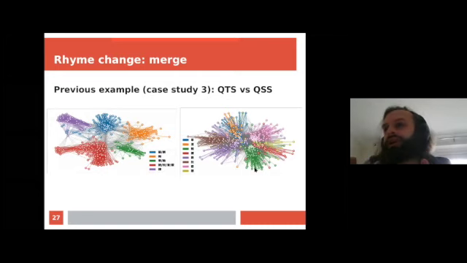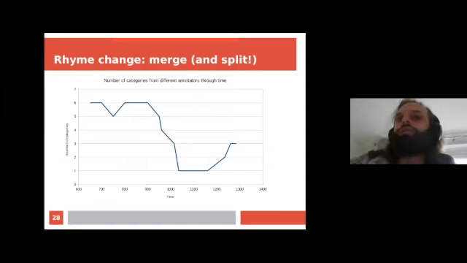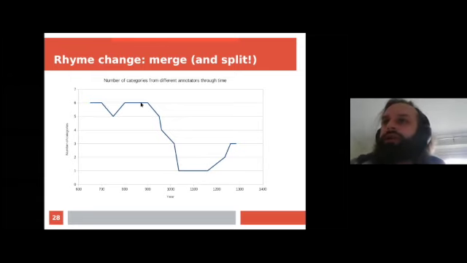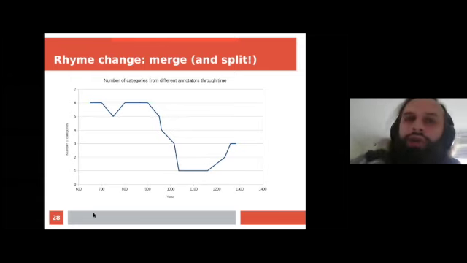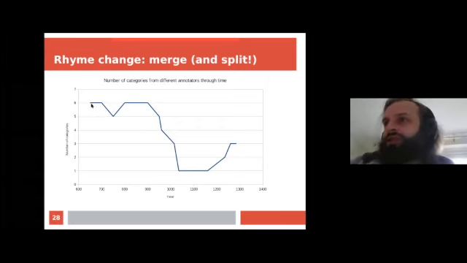So now we annotate this very poem with the sliding window annotator. What I'm plotting is how many rhymes there are in the poem based on an annotator in 650, 700, 750, etc. At the beginning of the Tang, this poem would have been considered to have 6 different rhymes.